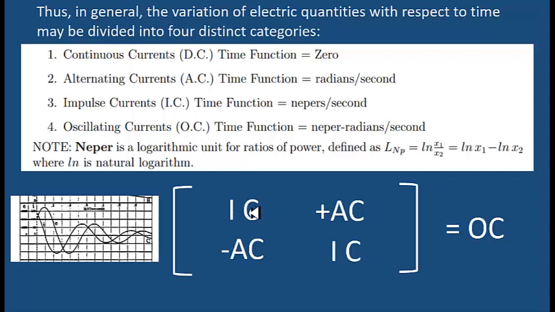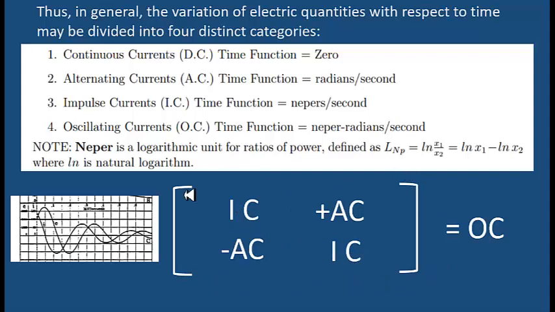It seems like I should be putting DC on the forward diagonal. Okay, so I could do that. But then using DC and AC, I can't get oscillating currents. And using DC and AC, I also can't produce impulse currents.